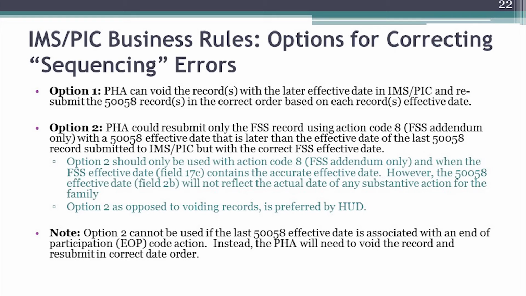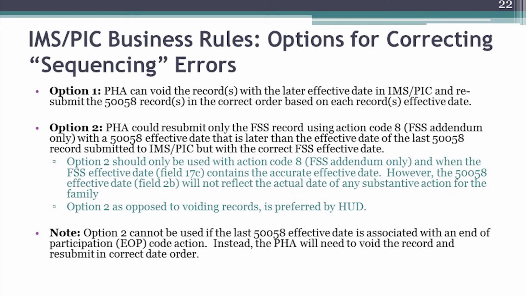Option 2, which is HUD's preferred option, is to resubmit only the FSS record using Action Code 8, FSS Addendum only, and then modify the 5.8 effective date, field 2B, so that the effective date being submitted is later than the record that's in the system.